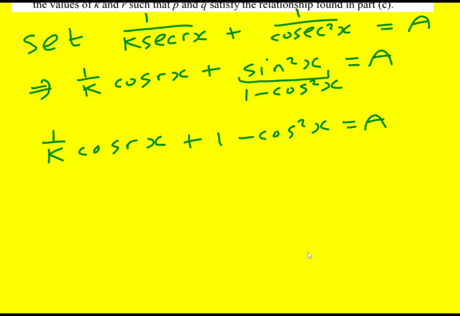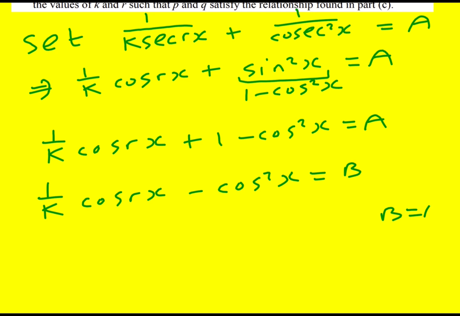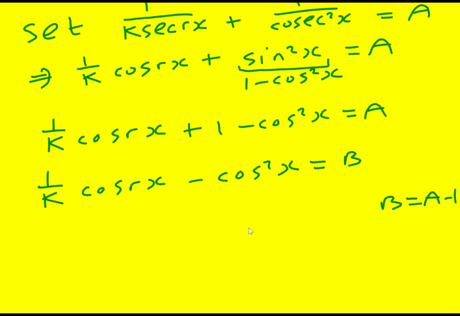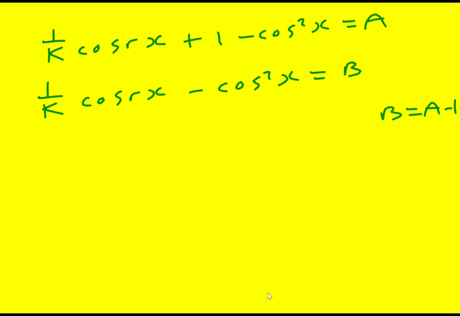Because now, remember, a is just a constant. So if we minus 1 from both sides, it's just going to be a different constant. B is equal to a minus 1. How does that help us get r and get k? Well, the thing you've got to realize now is your double angle formula, because we've got cos rx.